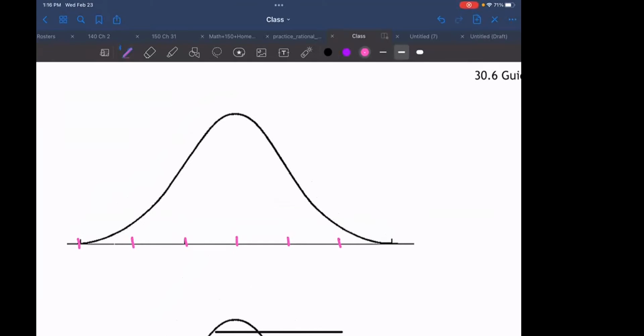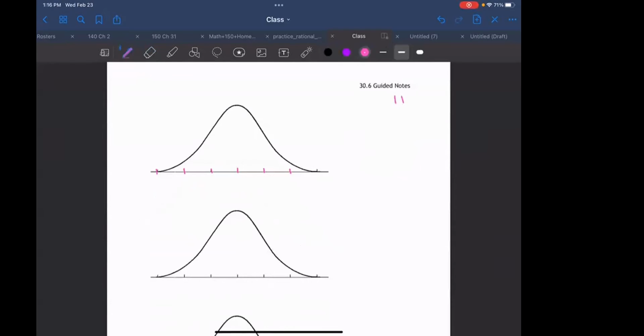I'm going to make each of these tick marks represent one standard deviation. From here to here is one standard deviation, and from here to here is another standard deviation. One tick mark equals one standard deviation. And remember that the symbol for standard deviation is the cherry, right?